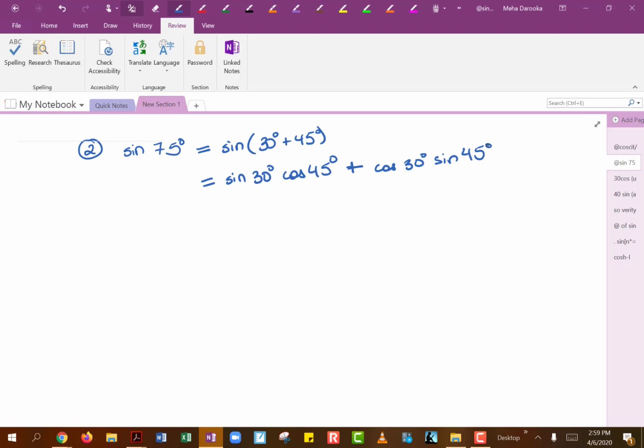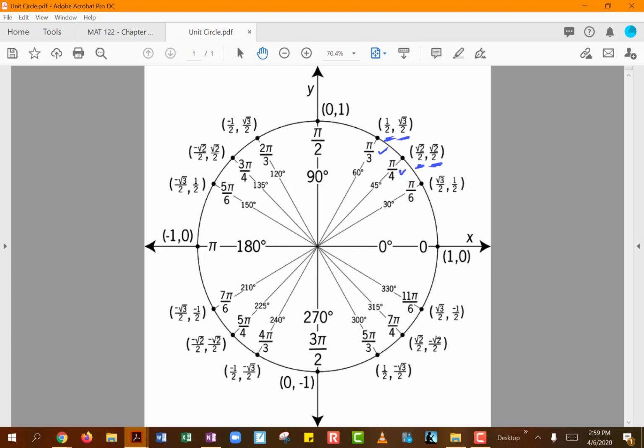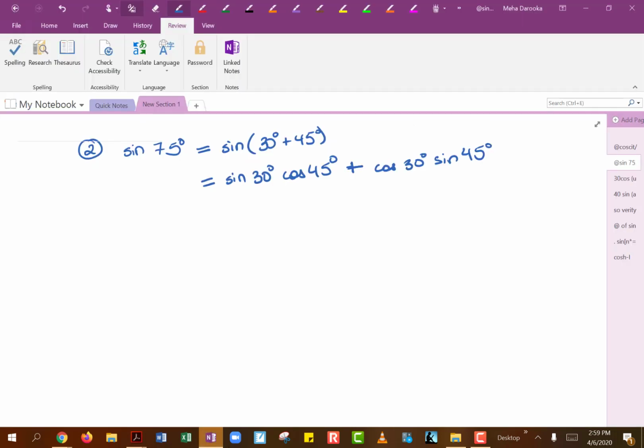So again, sine of 30 cosine of 45, sine of 30, which is this angle right here, is going to be 1/2. Cosine of 45 is going to be square root of 2 over 2. So let's write that down. Sine of 30, 1/2.